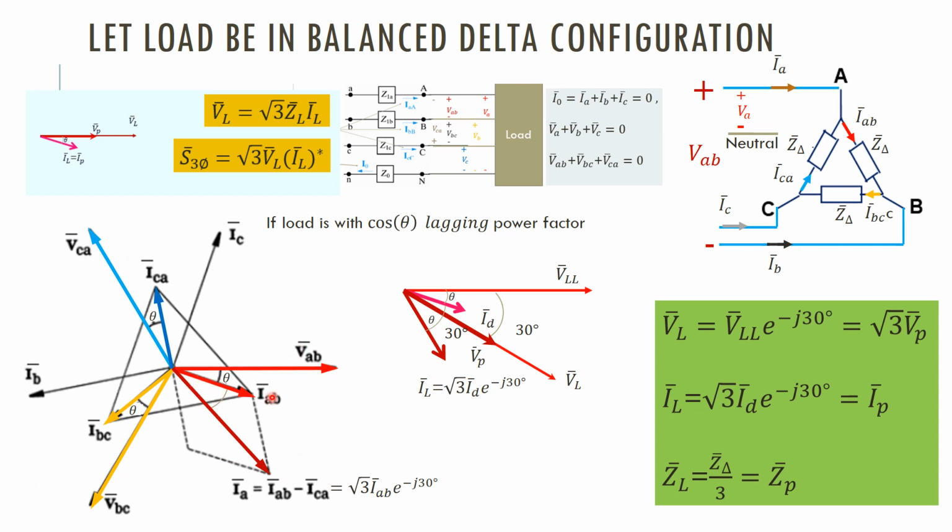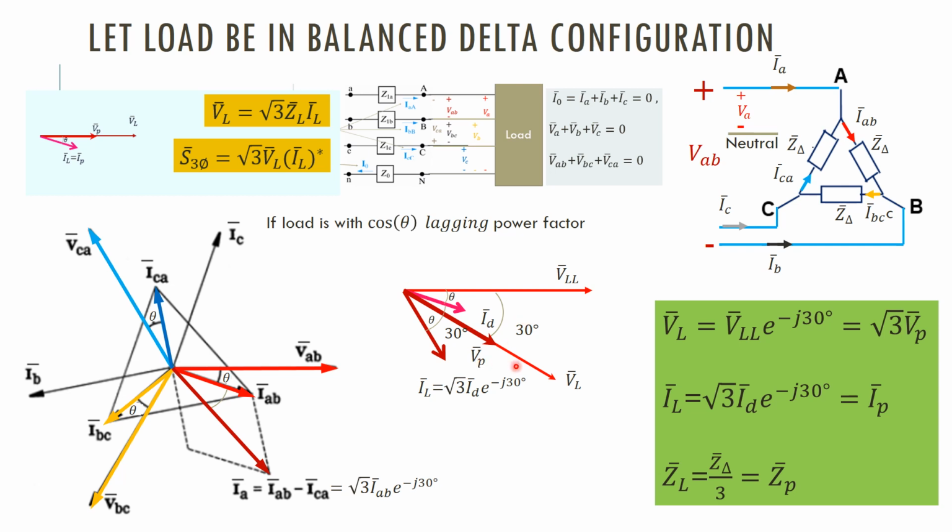We take the A phase and draw this as a line to line voltage, and the other phase voltages and currents are 120 degrees apart from each other, right? Then the line to line voltage is actually VAB, so we mark it this way. ID is the phase current of the arm in the delta connected load, it's here.